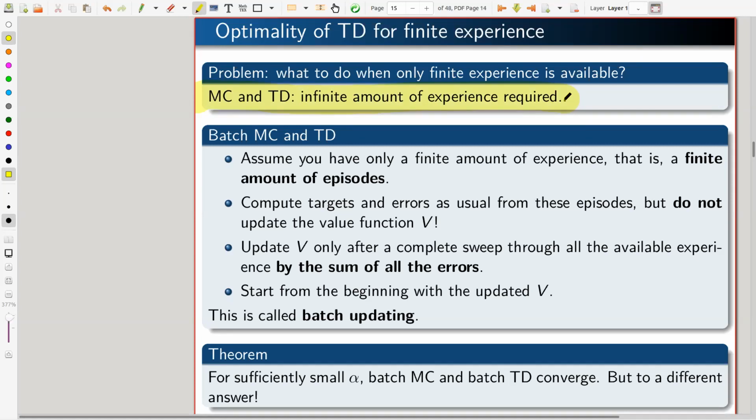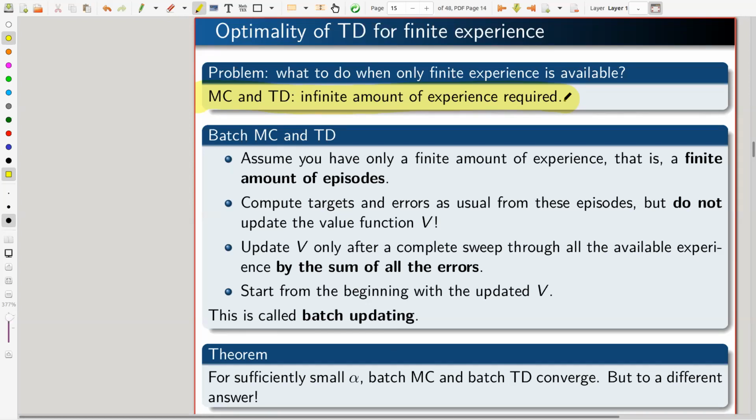But sometimes it can happen that the experience is finite, the experience is costly, the experience is hard to get. Maybe the experience is some drug you are experimenting with, and you don't have so many patients you can give the medicine to, and so on.